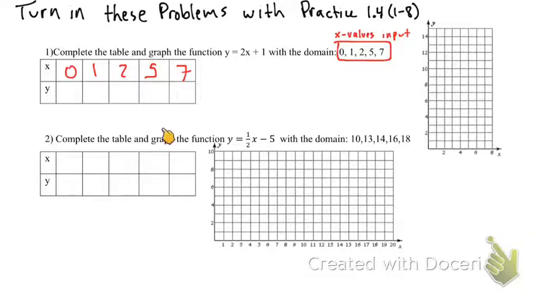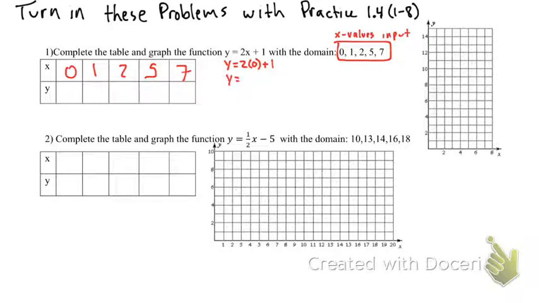Now what I'm going to do, I want to fill in the first table. So what I'm going to do is take my x value and plug it into my function for x. So I'm going to have y equals 2, and the first x value I have is 0 plus 1. So remember, plug in with parentheses. Do the math.